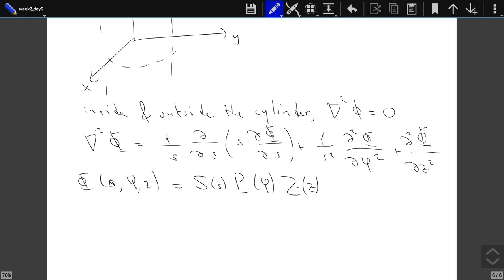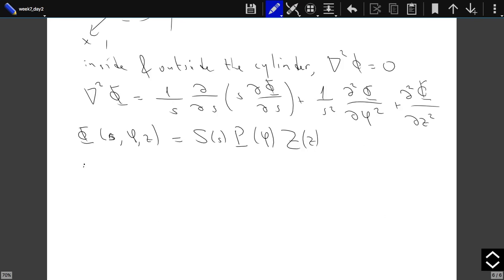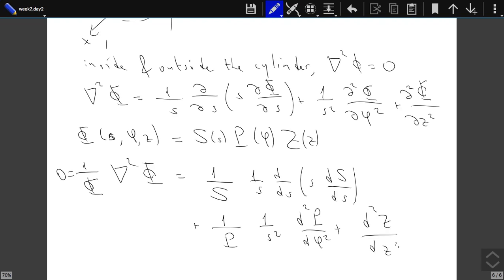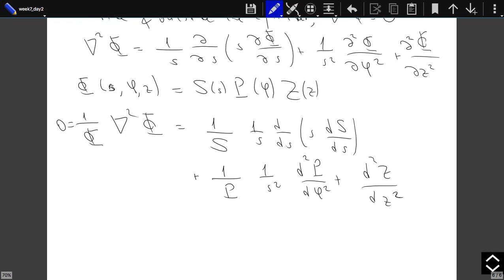And then if we say 1 over the potential times the Laplacian of the potential, which should be equal to 0 in all our regions, this is equal to 1 over the function S, 1 over s d by ds, s times the derivative of the function S, plus 1 over P, 1 over s squared, the second derivative of this function P, plus 1 over Z, the second derivative of the function Z with respect to z.